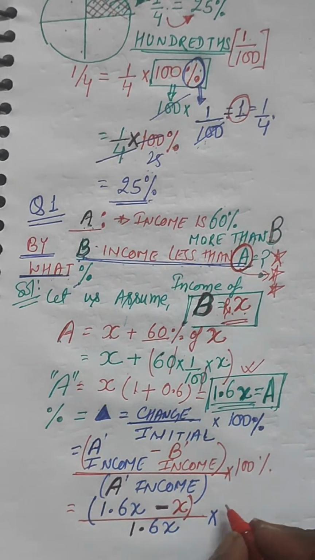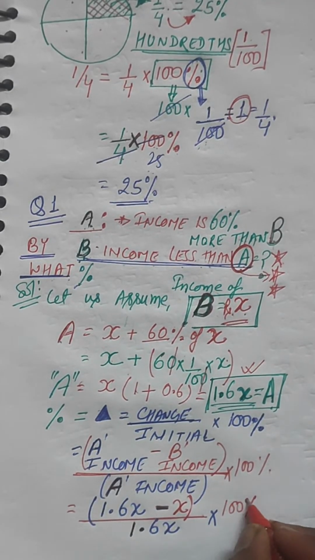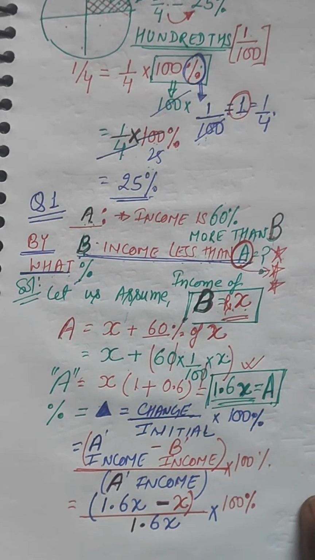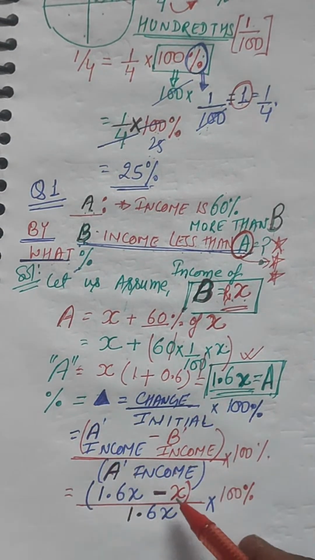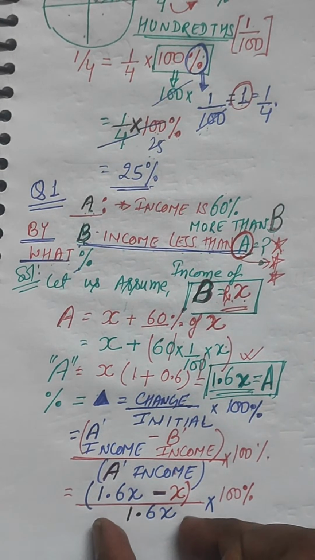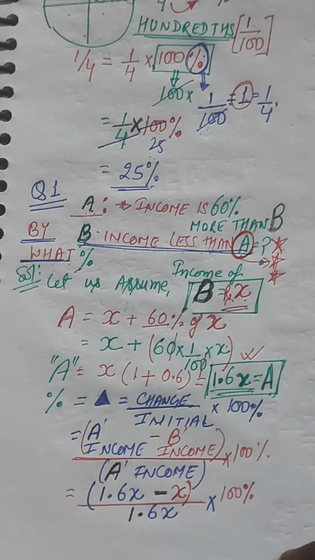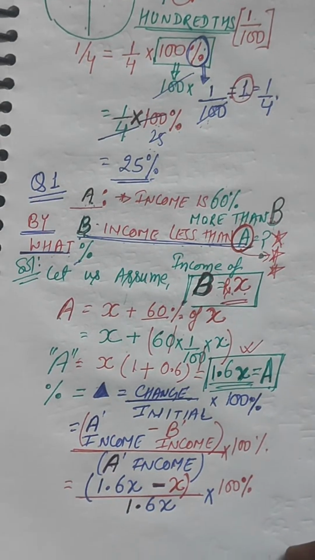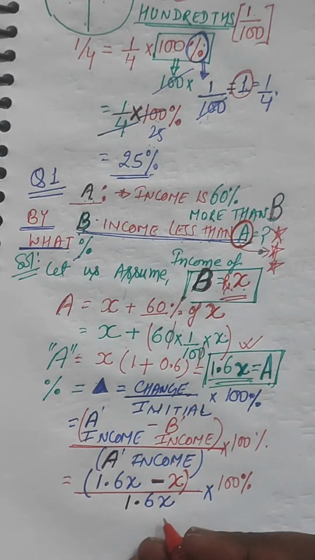So students, make sure, don't think about what will be the value in percentage. This delta or the change is always considered with some reference, and into the denominator also we are having something. So don't try to find out the exact value. Here it's asked the percentage of B income less than A.